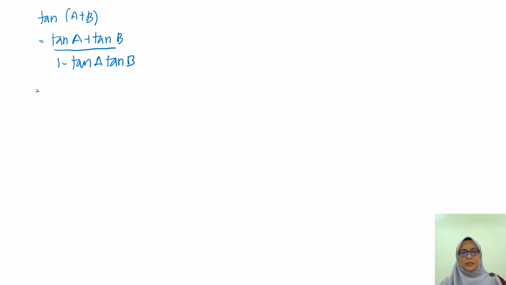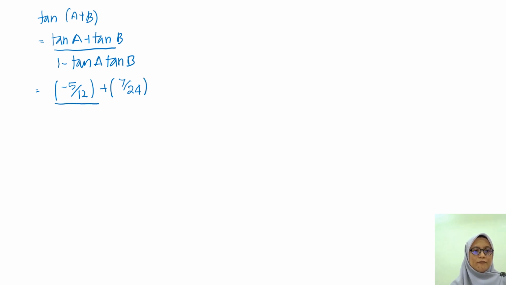So tangent A kita akan dapat negative 5 over 12 plus tangent B is 7 over 24, all divided by 1 minus tangent A, negative 5 over 12, multiply tangent B, 7 over 24.